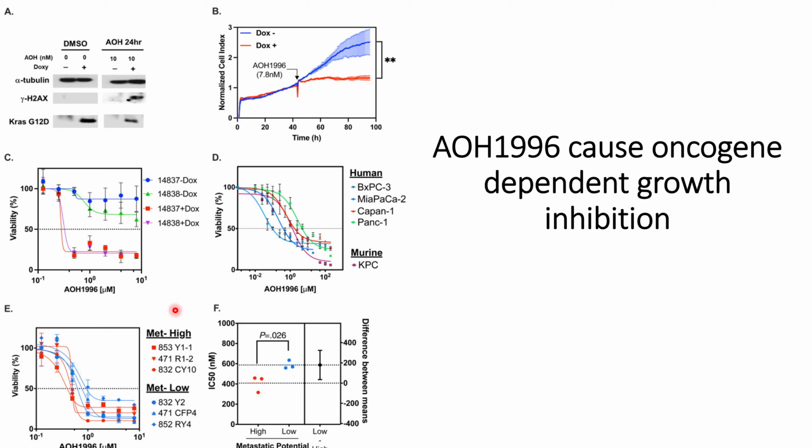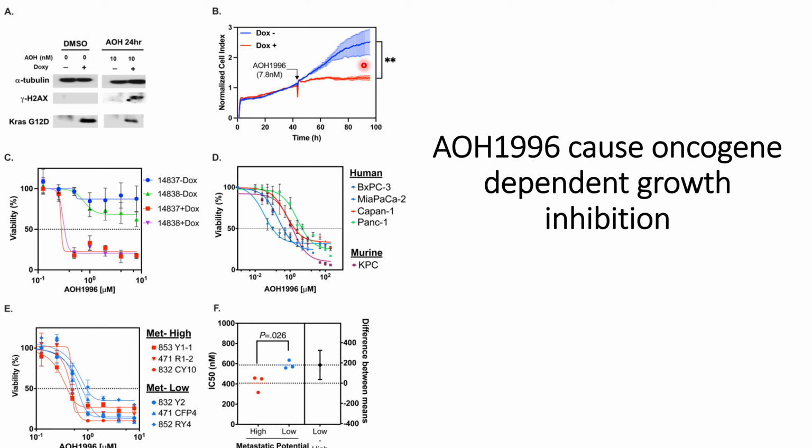Those results are shown in the panel, where we can see that low metastatic cells have a higher IC50 compared to the high metastatic cells, indicating that this AOH1996 targets the high metastatic cell lines more aggressively compared to the low metastatic cell lines, as the p-value is less than 0.05.